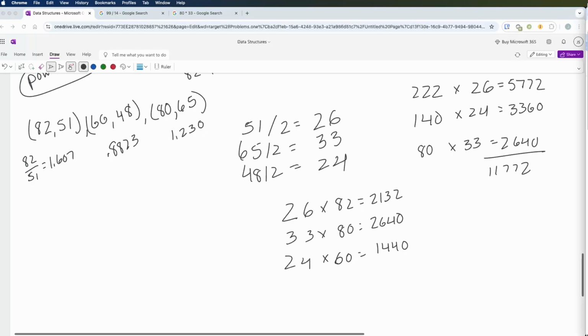Wait, what? That doesn't seem right. 1.25. I mean, that kind of works out. That's a downward trajectory. Let's try another example.